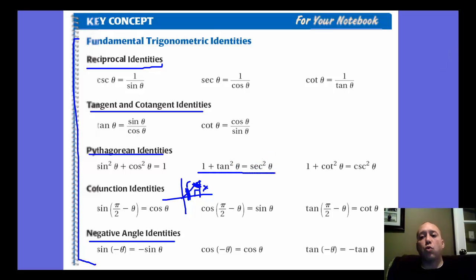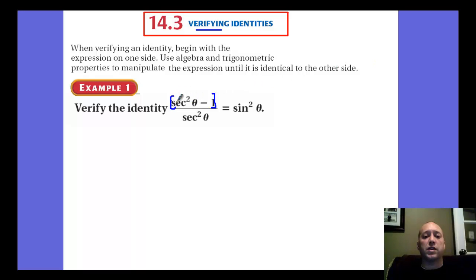But it's not the same one, but I can manipulate this. If I subtract 1 from both sides, then I get tangent squared theta is going to equal secant squared theta minus 1. So now I see secant squared theta minus 1 is equal to tangent squared theta. So then this numerator here is actually equal to tangent squared theta.